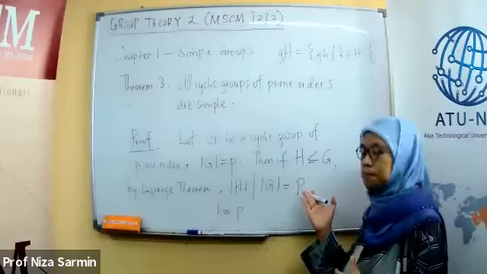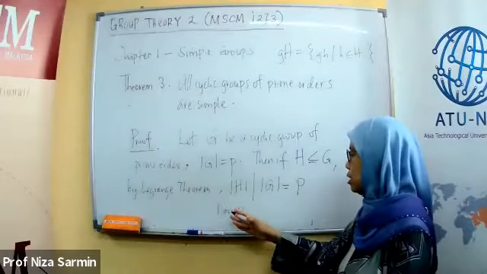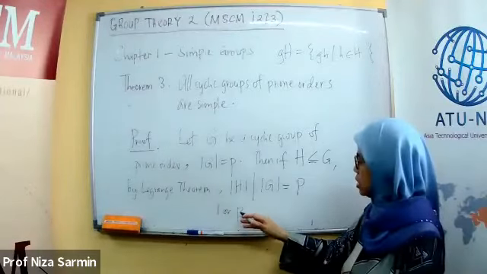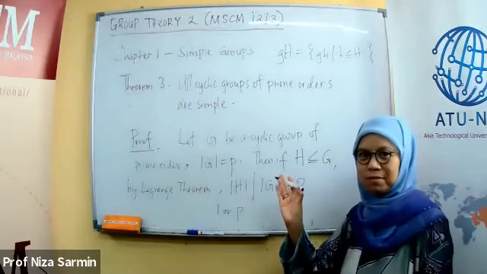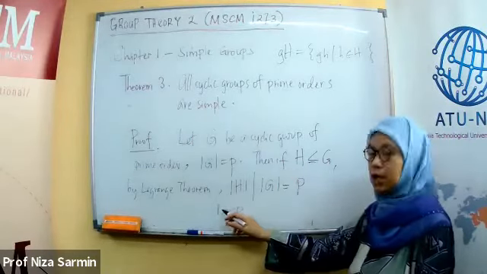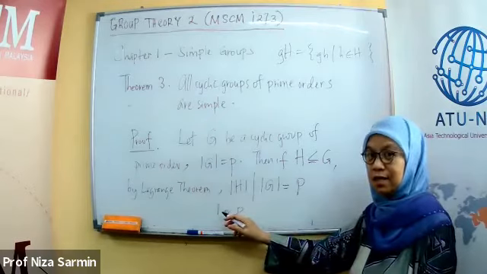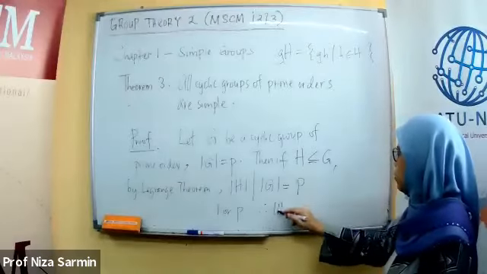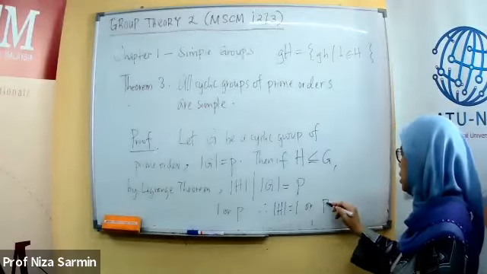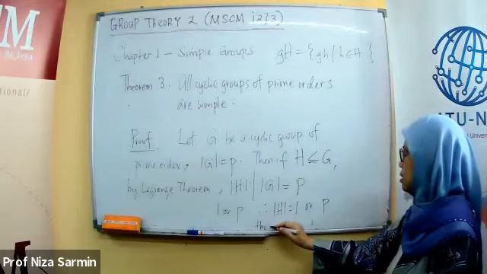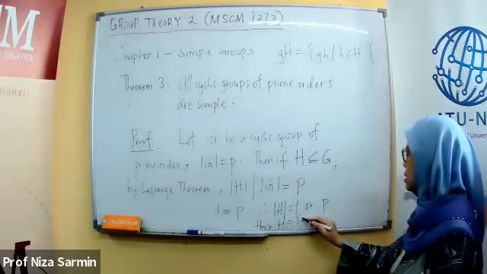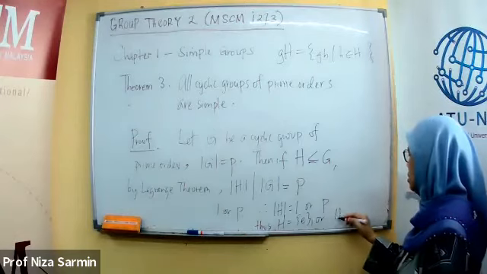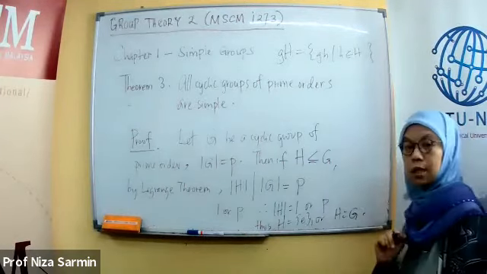That's the only number that divides a prime P. So it's only 1 or P. If the order is P, it is the group G. If the order is 1, it is the trivial subgroup. So the order of H is 1 or P, thus H is trivial or H is G.